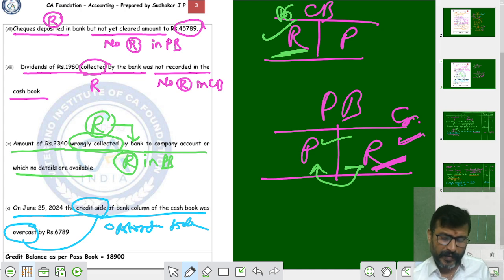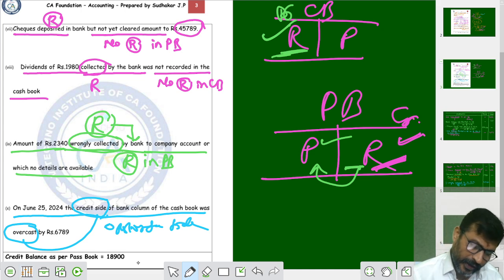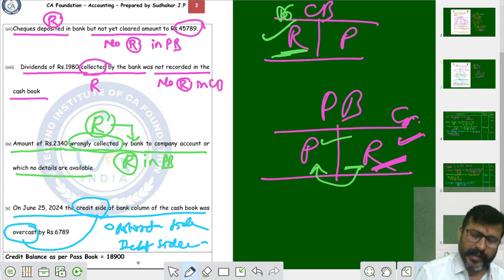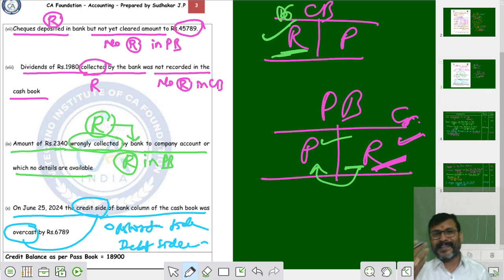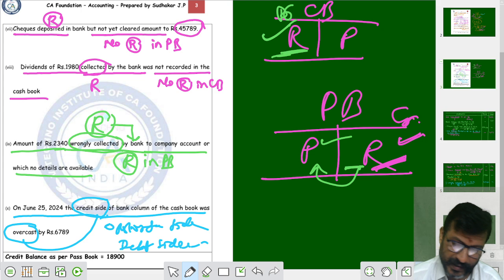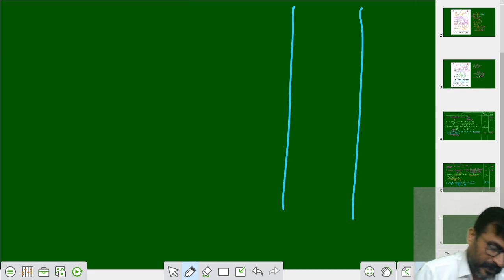Opposite side means we have to record it on the debit side. Because we know very well, overcast means take it on the opposite side. Undercast means take it on the same side.